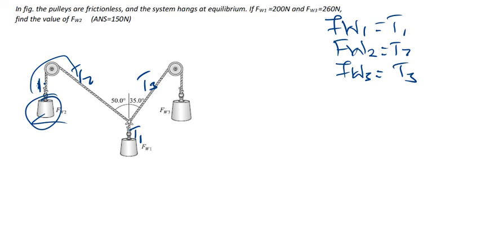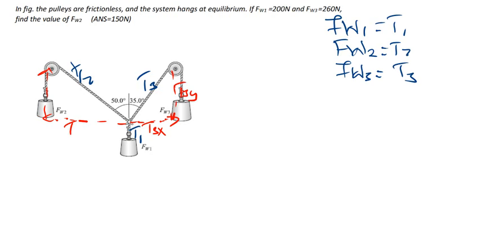The next thing we have to understand is that I have to resolve this. So I'll say this is T3x, this is T3y, and again the x component and y component are also there: this is T2x and this is T2y.